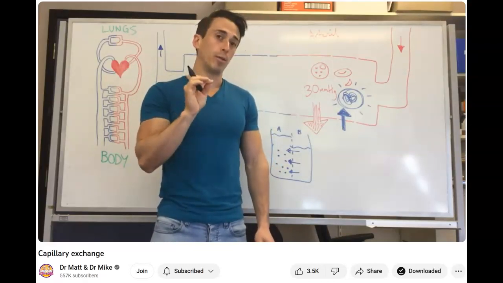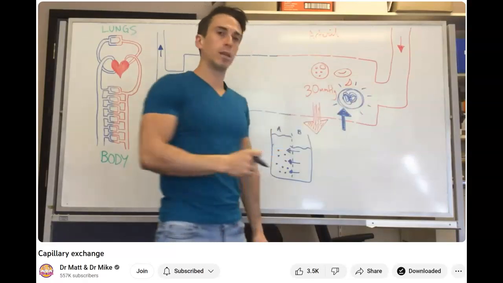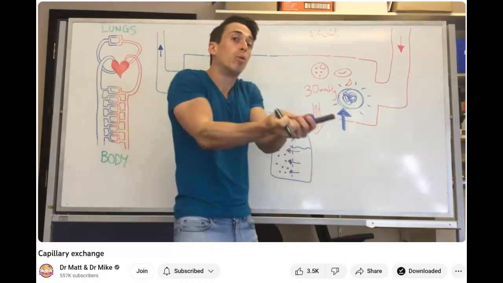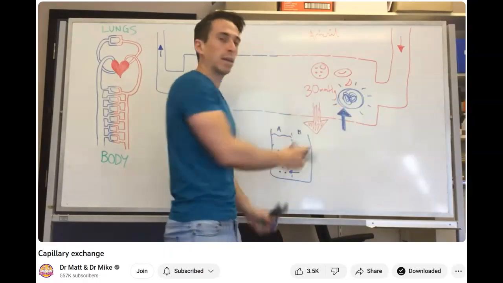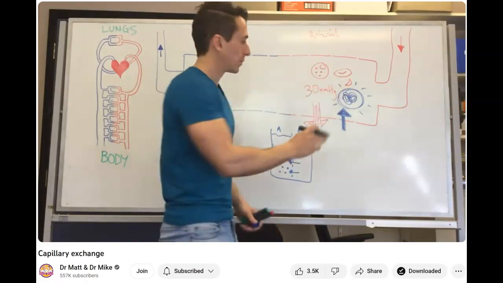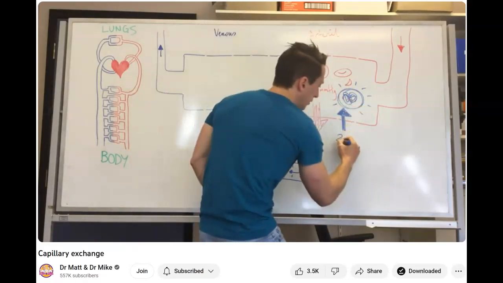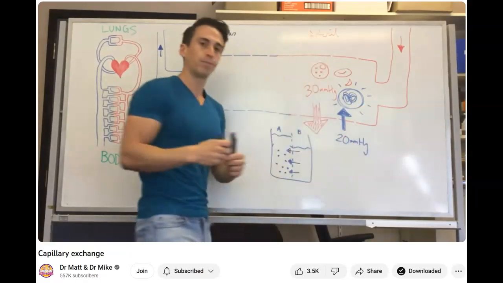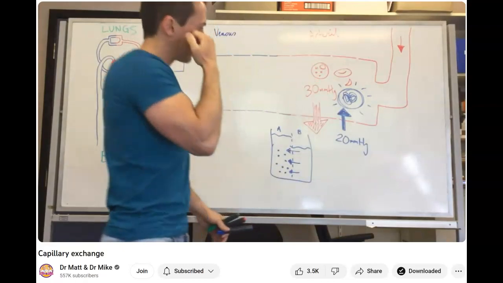It's called albumin. And this albumin protein is very important in eliciting a pull of the fluid back in. Okay? Now the strength of this pull is 20 millimeters of mercury.